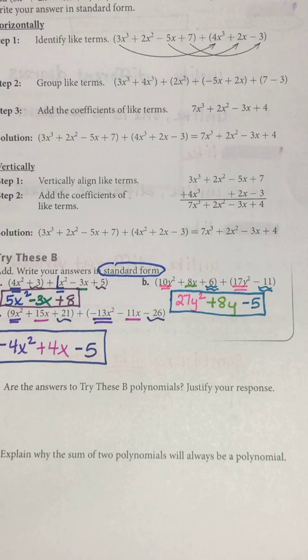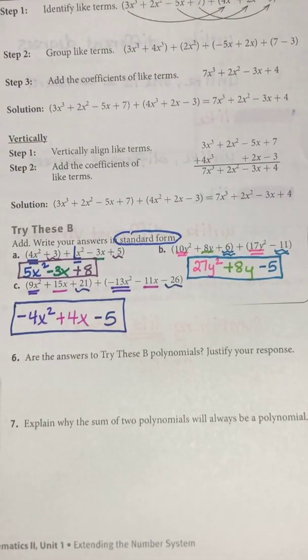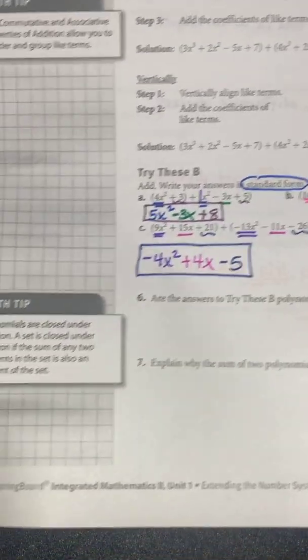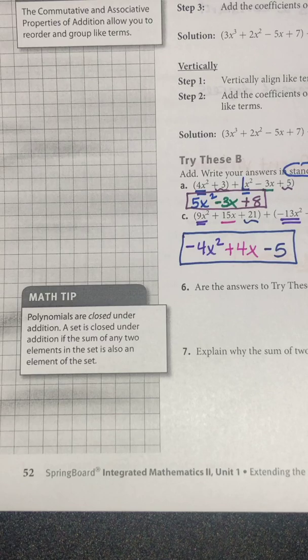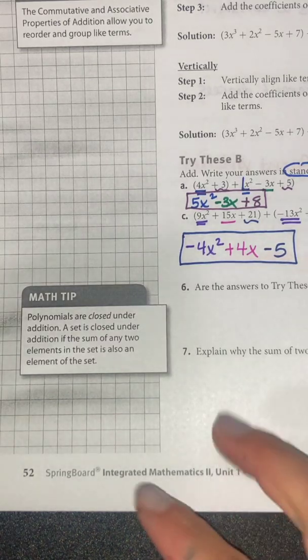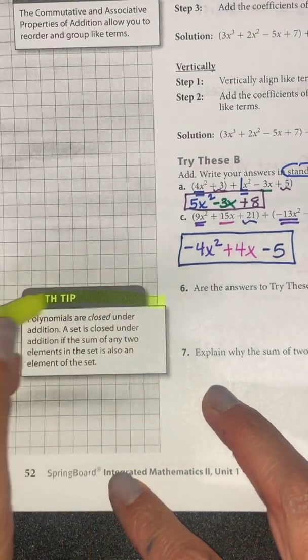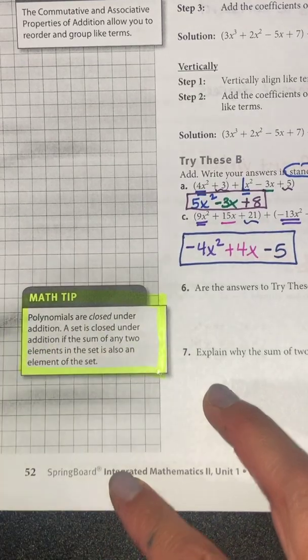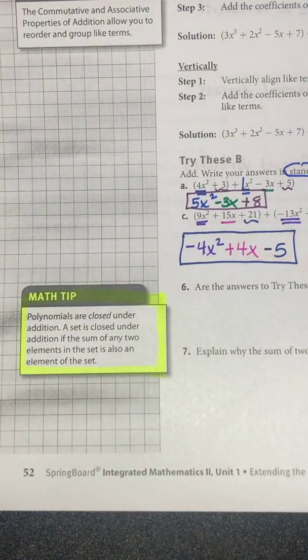Okay. Are the answers to try these polynomials? Well, the reason why they're asking that question is because of this math tip over to the left. It states that polynomials are closed under addition. A set is closed under addition if the sum of any two elements in the set is also an element of the set.